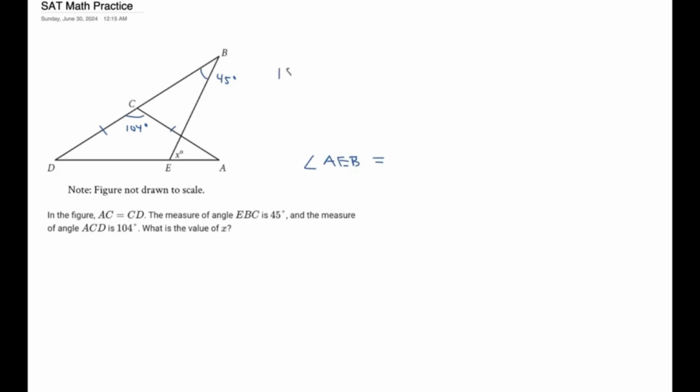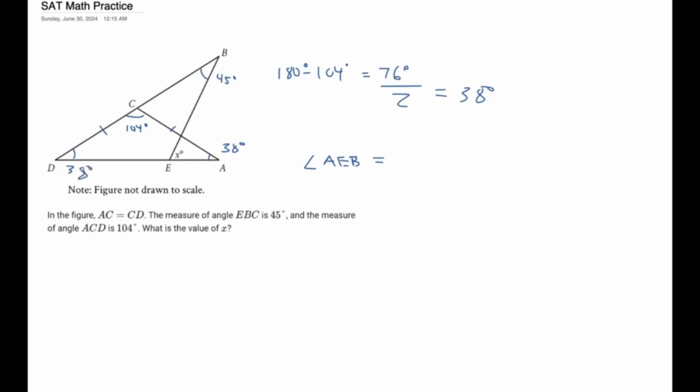Because there's only 180 degrees in a triangle, and we know angle ACD is 104, that gives us 76 degrees between those two angles. And so we can divide that in half and we get 38 degrees. So angle A is 38 degrees and angle D is also 38 degrees.